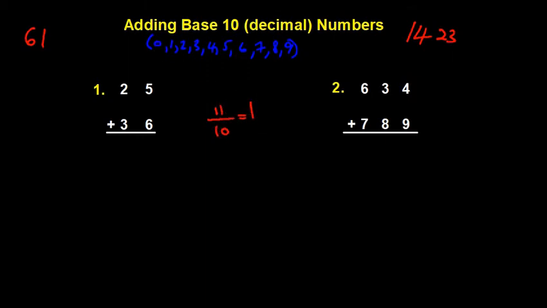One time. What's the remainder? Remainder 1. So these are the two digits that we're going to use. We have 1 and 1, and 1 is included in the digits for base 10. So we put the remainder, the 1, right here, and we carry this 1 at the top.